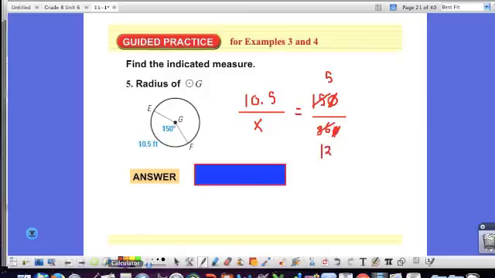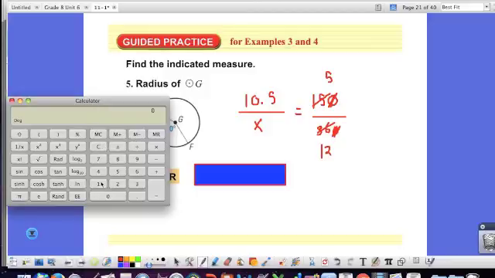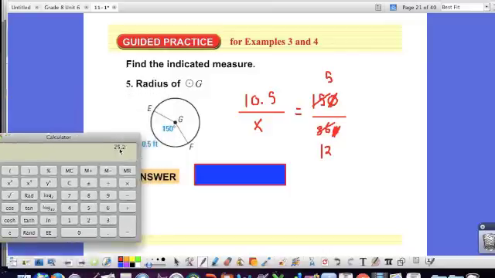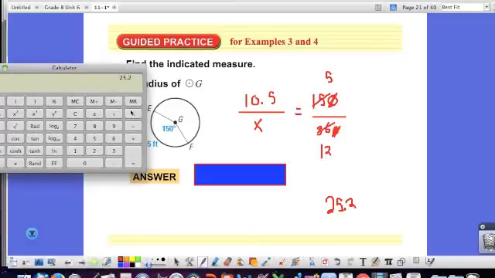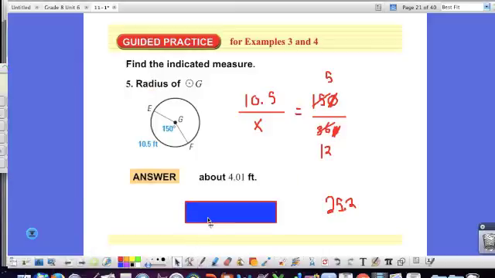So now 10.5 times 12 is 126, divided by 5 is 25.2, but that's the total circumference. Now 25.2 divided by 3.14, and actually I should have used the pi button, but still that's going to give us about 8.02, and I divide that in half to get the radius. It is going to be 4.01.